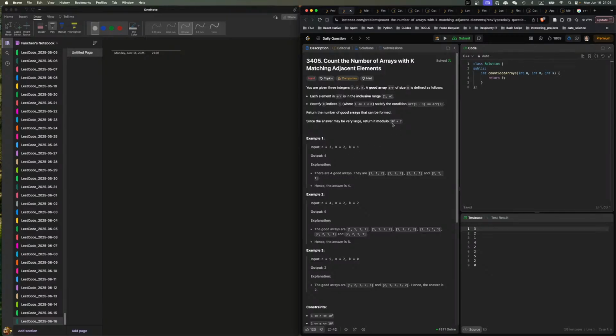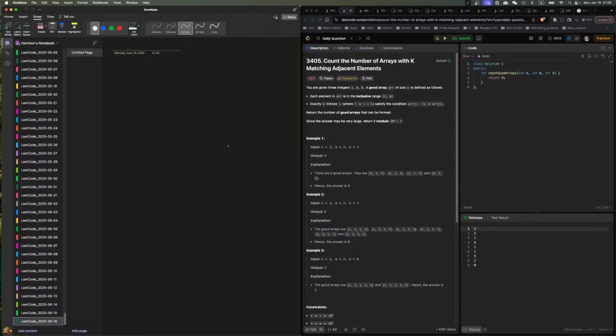A good array of size n is defined as follows. Each element in an array is in the inclusive range 1 to m. Exactly k indices i, where i is from 1 to n, satisfy the condition array[i-1] equals array[i]. Return the number of good arrays that can be formed.